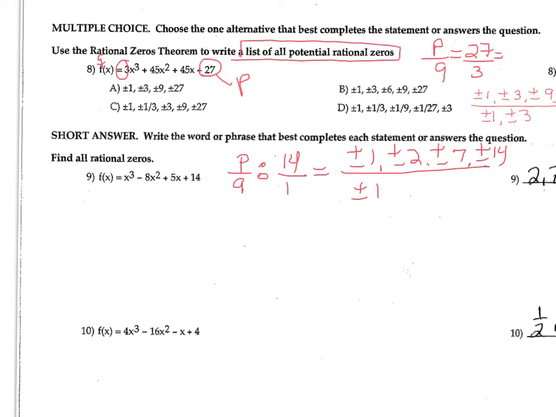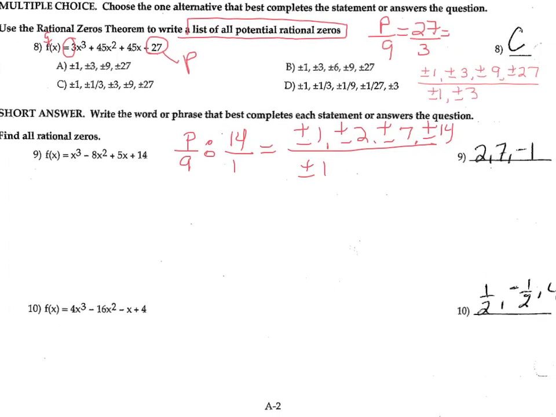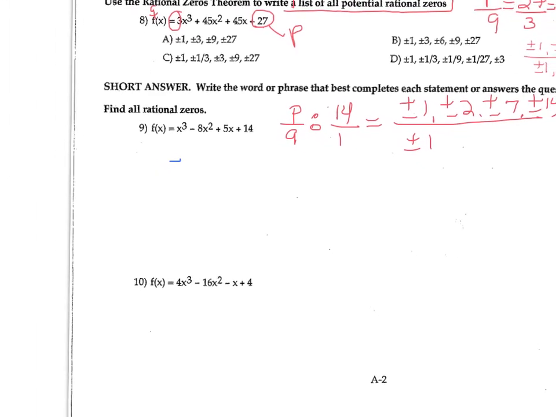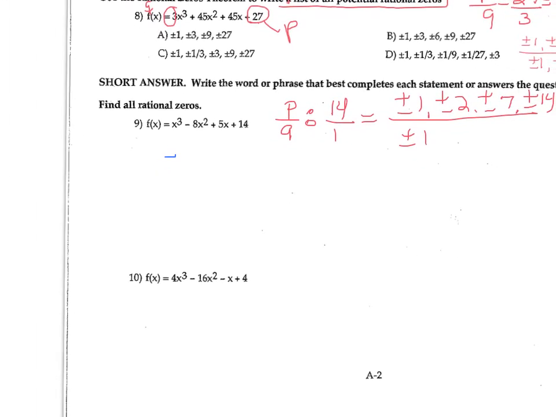As you try the first one, the 1, you see the 1 didn't work. Then when you try the negative 1 and you divide by the negative 1, it's 1, negative 8, 5, and 14.